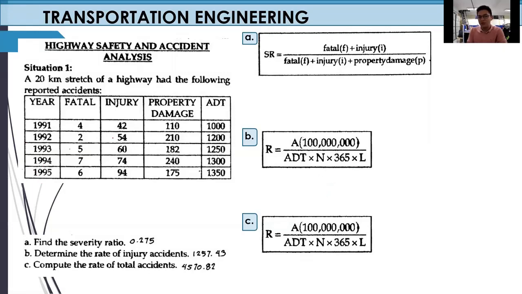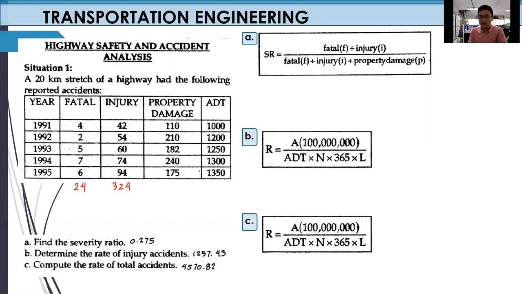So first thing that we need to do in order for us to solve for this problem is to have our summation ng ating mga accident. So fatal, that is 4 plus 2 plus 2, 5, 7, and 6, that is 24. This one, sa injury natin, that's 324.